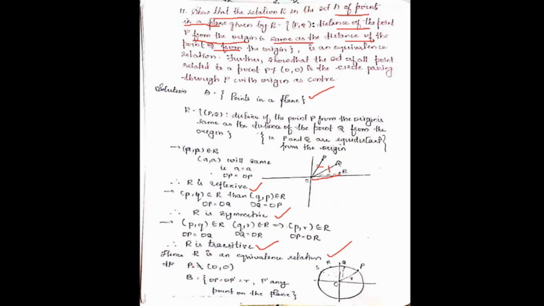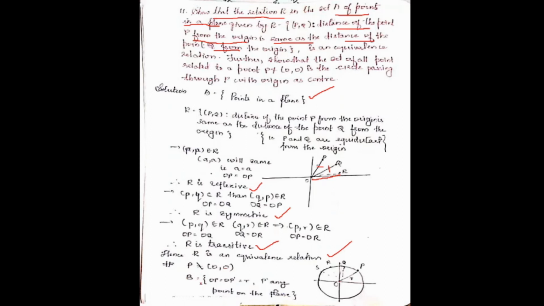Here it's given that P is not equal to (0, 0). That is, P is not the origin. The coordinates of P are not the origin. So where is P? The circle is passing through the point P with the origin as center.